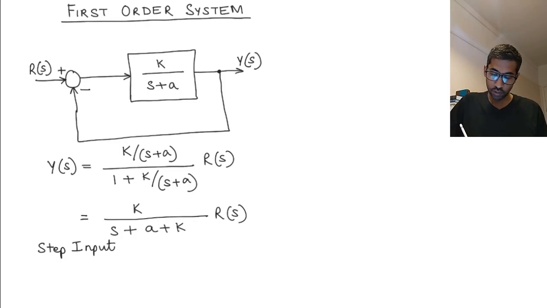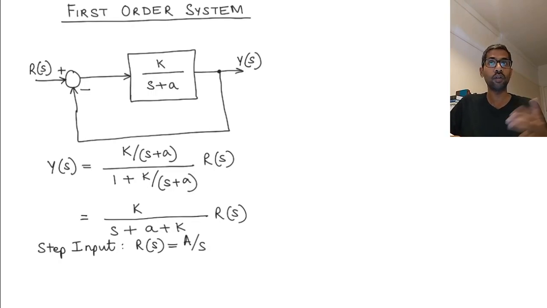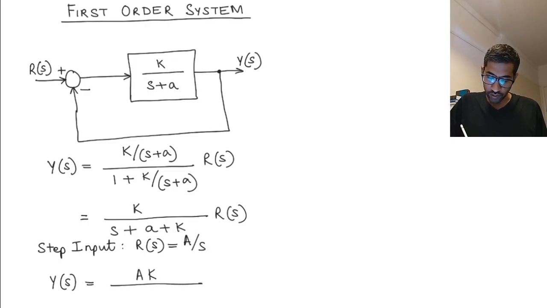A step input is when you have R(s) equal to A over s, where A is the amplitude of the step, and 1 over s gives you the step response. So then what is going to be Y(s)? Y(s) becomes A K divided by s times (s plus a plus K).